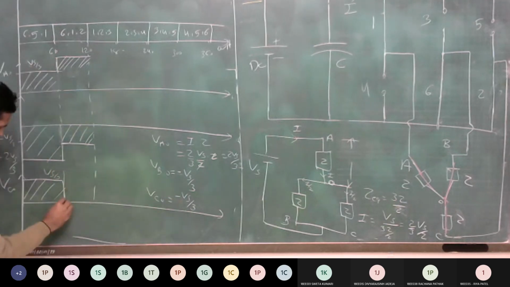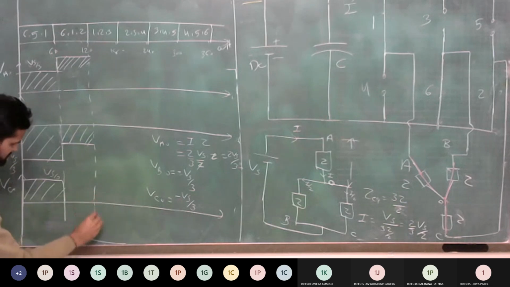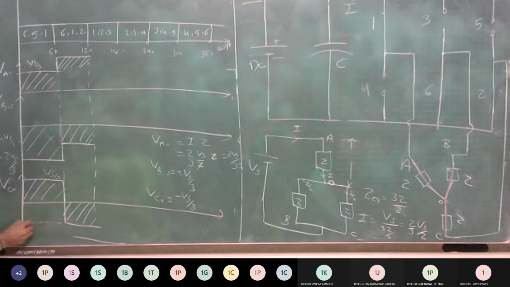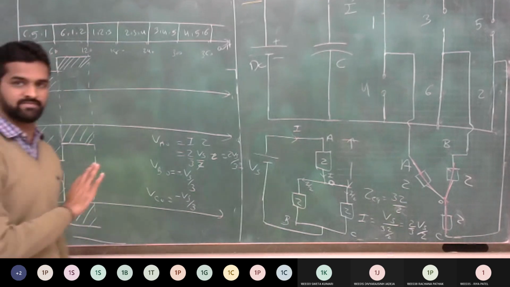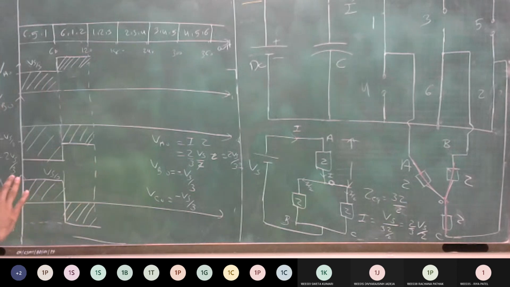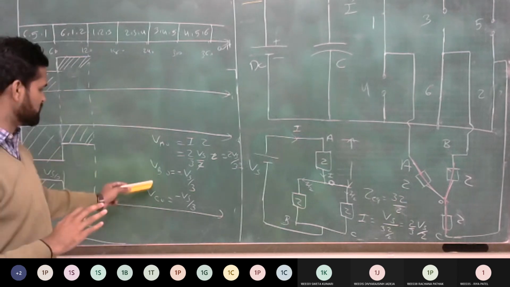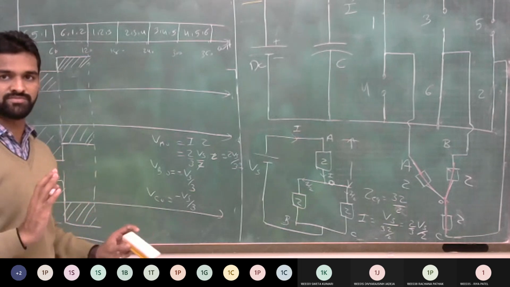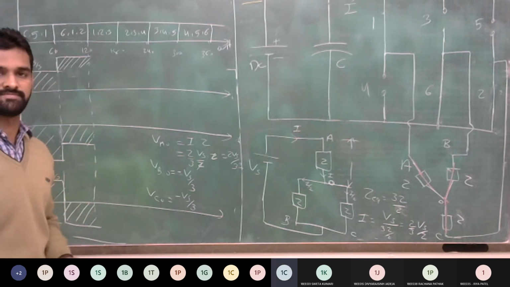Now it is minus Vs by 3. Clear about this one? Is there any doubt? For the second interval, when your VA0, VB0 and VC0, all of you clear? Yes, sir.